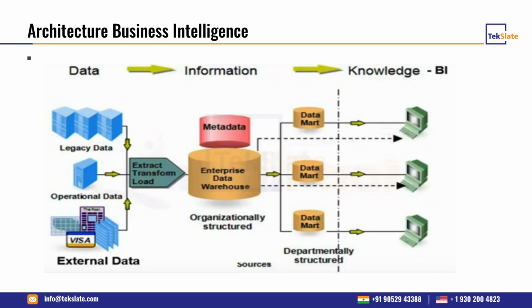Whatever information we have about our data is my information segment, which is in the middle part. And the third one is my knowledge. Knowledge is used to represent the BI segment, and that BI segment has different objects by which we are going to see the specific information or the diagrammatical information.